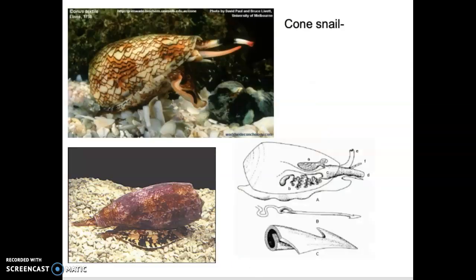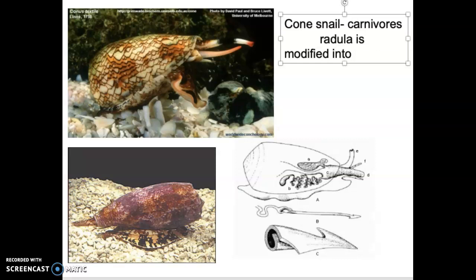Other mollusks, though, like the cone snail, these are carnivores. These guys, the radula is modified into a drill. So what's happened with these guys, instead of the radula being that chainsaw, think about it more like a drill bit, and it will actually drill down through the shell of other snails.